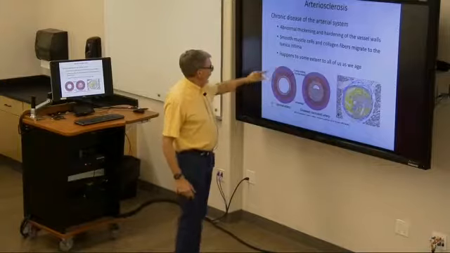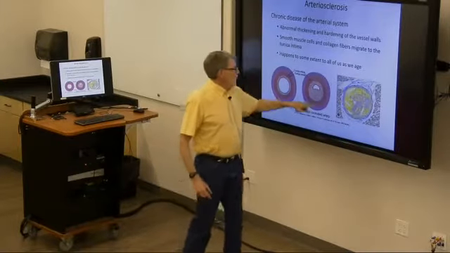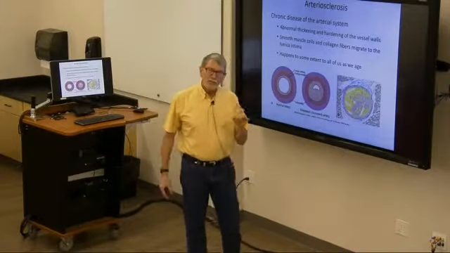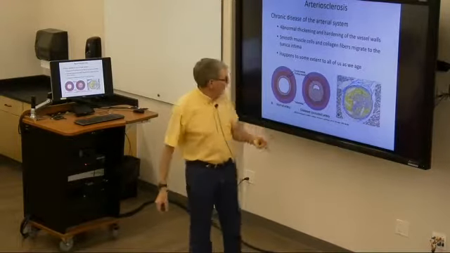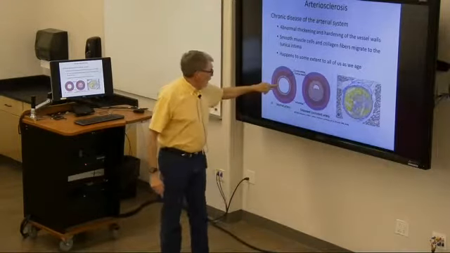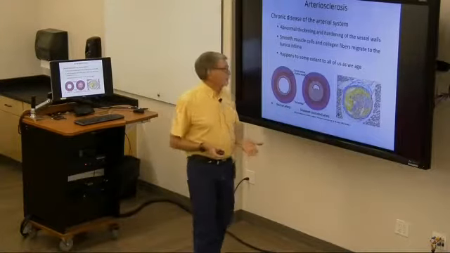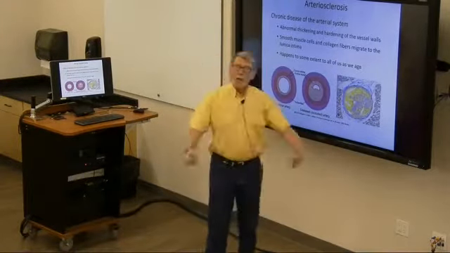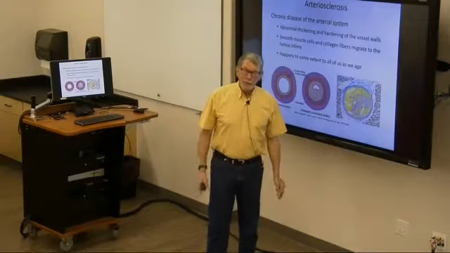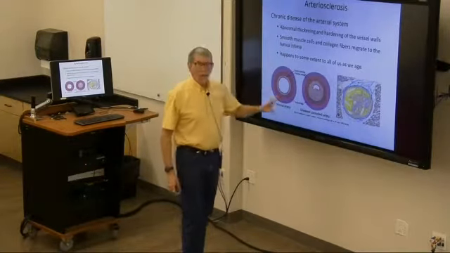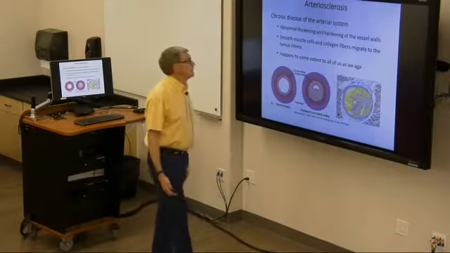The tunica gets hard, or the adventitia gets hard around the outside, stiffens with age like everything else does, and you get a smaller hole, a thicker wall, and less blood flow. It happens throughout the body. All of our blood vessels incur some arteriosclerosis.